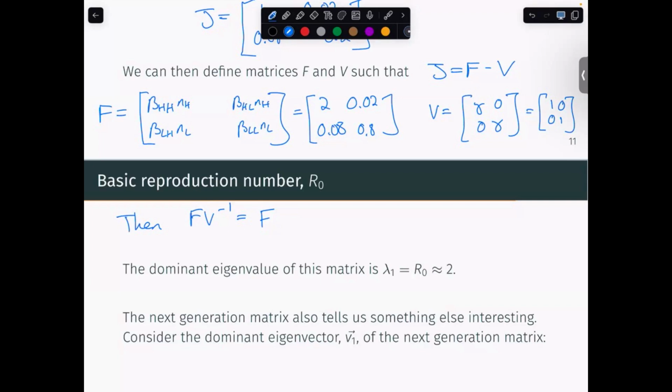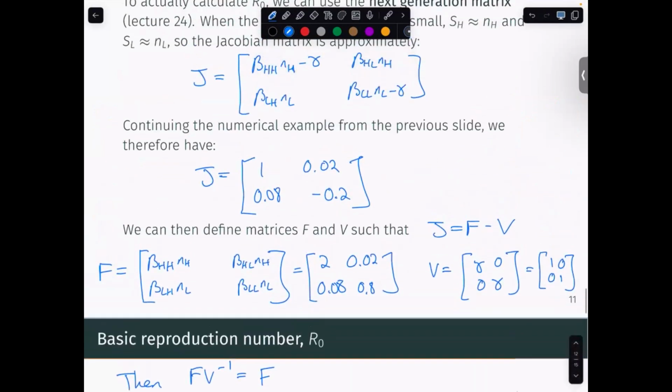This next generation matrix, what we're really doing is we're ultimately looking at stability of our disease-free equilibrium. Take a step back a sec. When we look at our eigenvalues of our Jacobian, we need at least one of these eigenvalues to be positive in order for our disease-free equilibrium to be unstable.